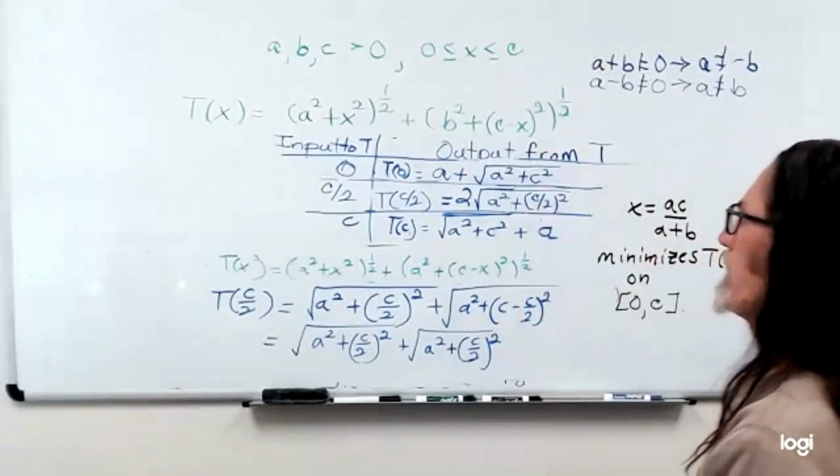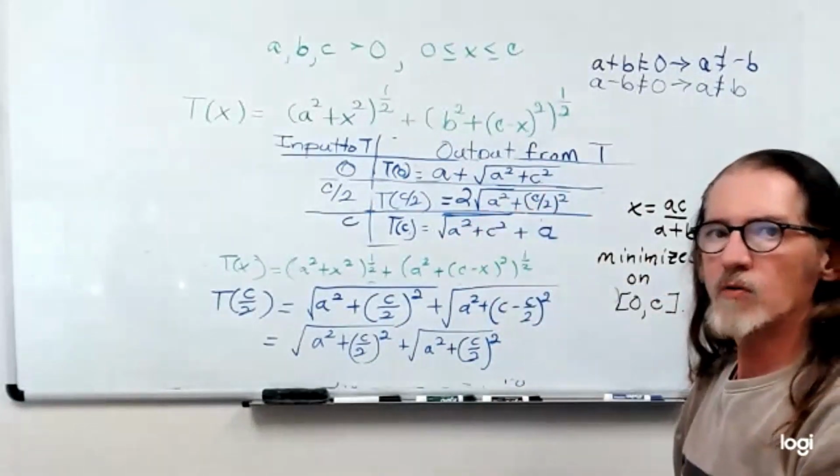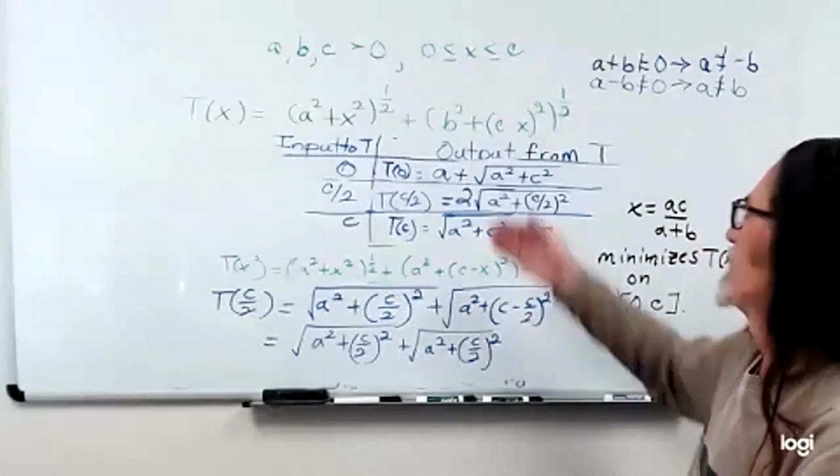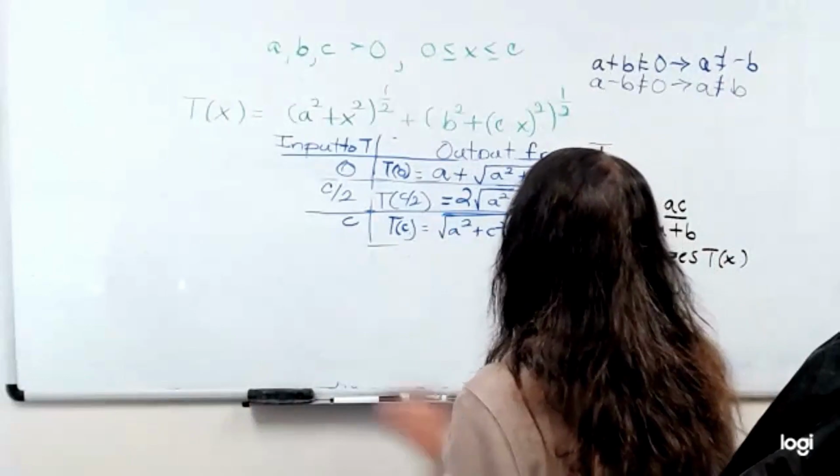So comparing what we have at the critical value to the endpoint, same thing at either endpoint actually.